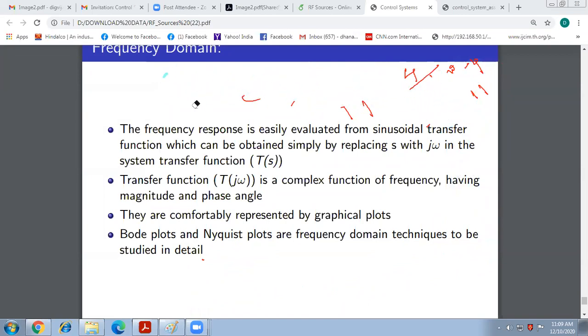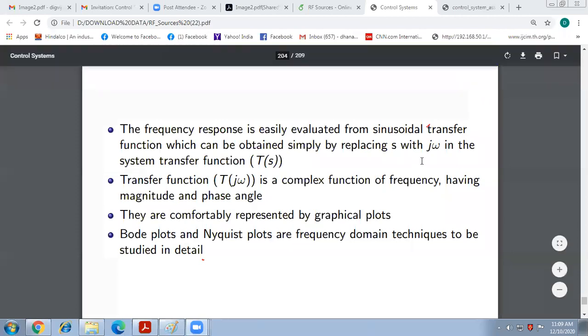Okay, good. Now we know this mathematically. What I told you is from the mathematics point of view. Once I know a transfer function, how should I proceed to find its frequency response? The first step is to replace s with j omega.